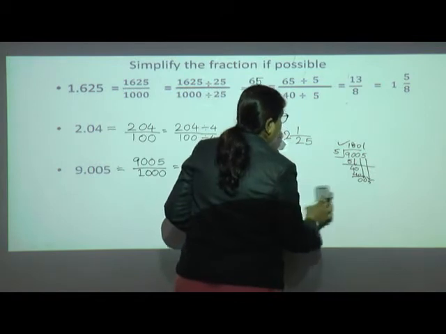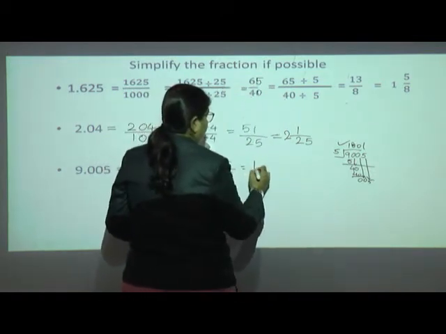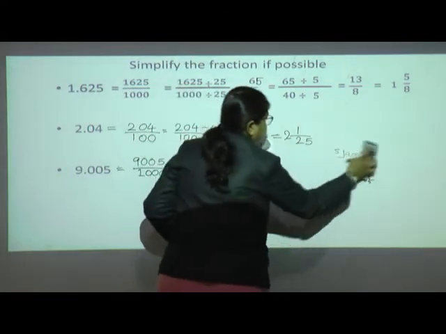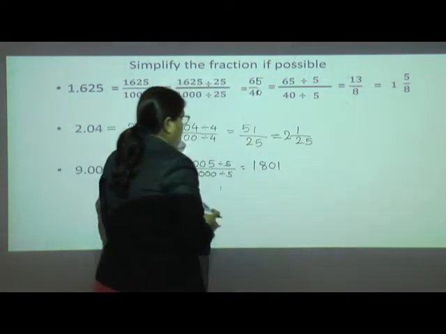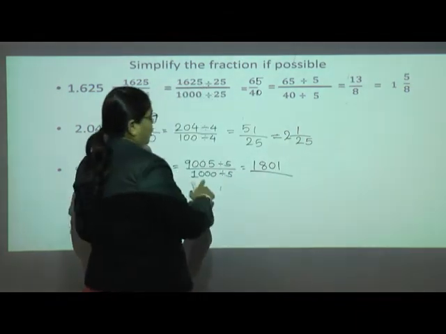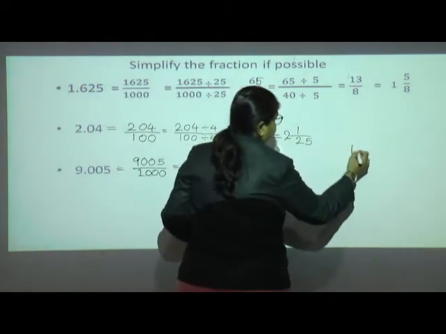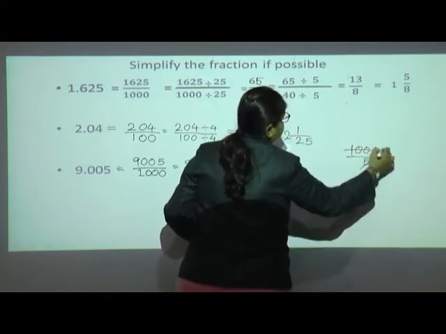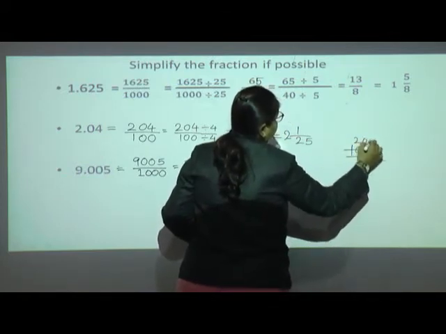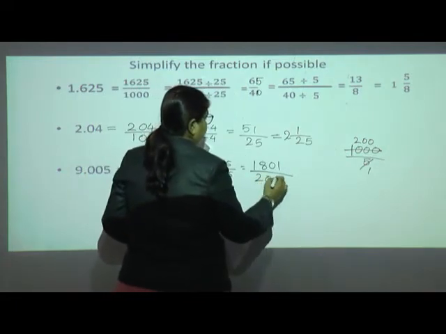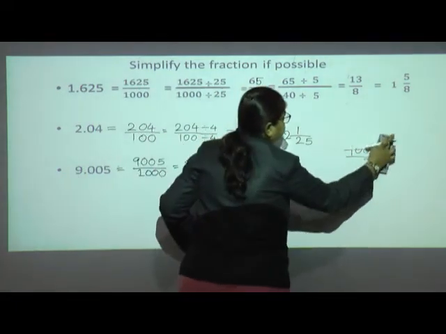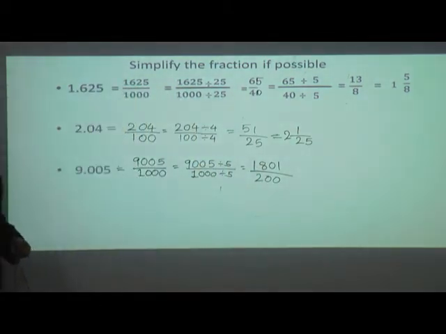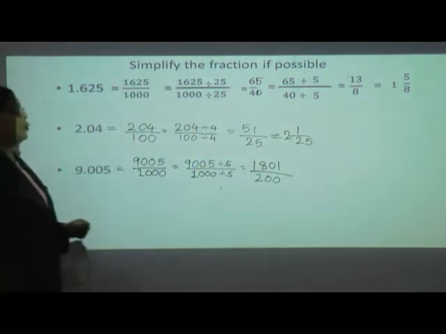Now our quotient is 1801 upon, 1000 divided by 5. I will show directly now. 1000 divided by 5. 5 ones are 5, 5 twos are 10, and 2 zeros. It is 200. So now 1801 upon 200.